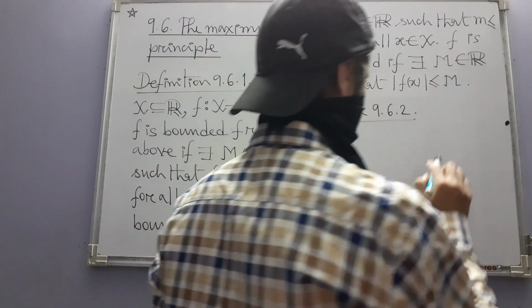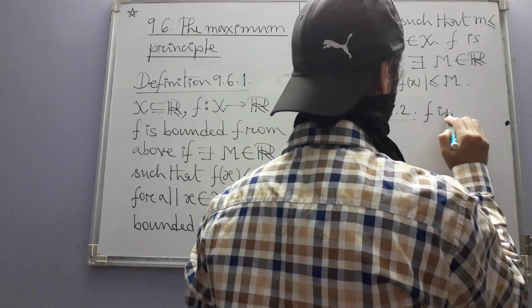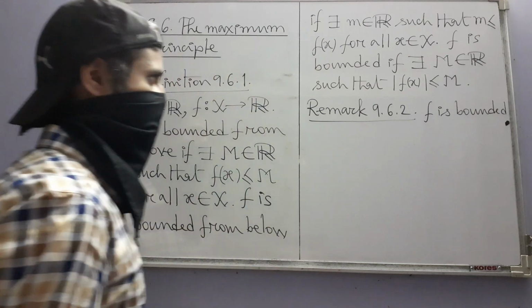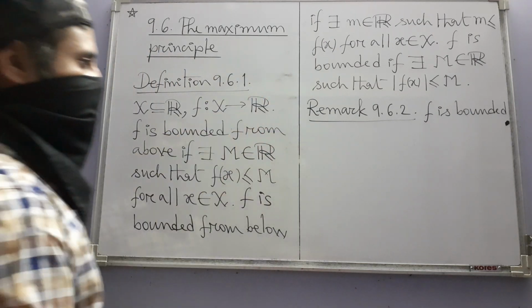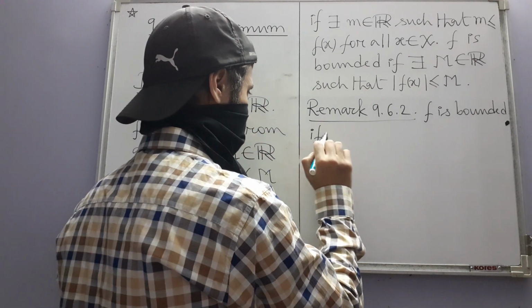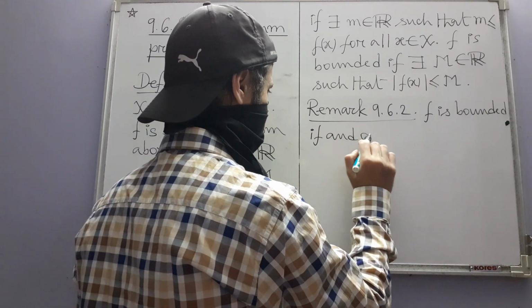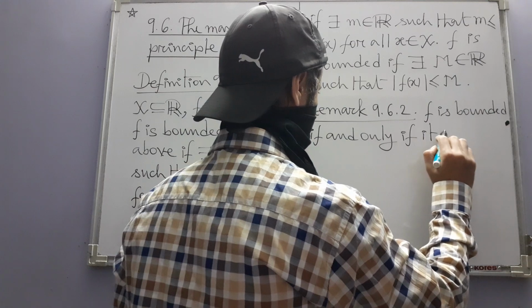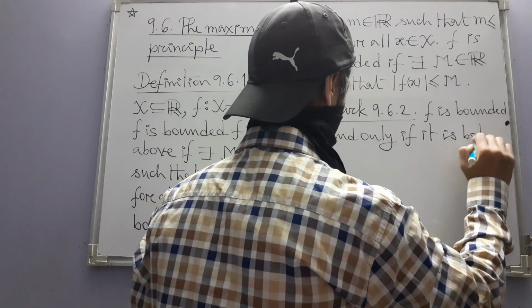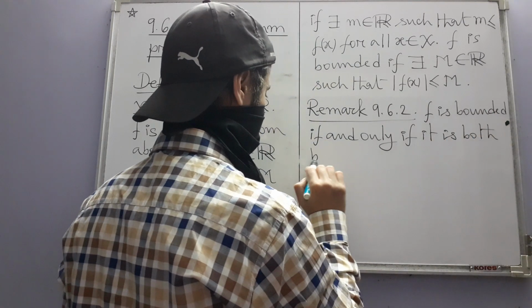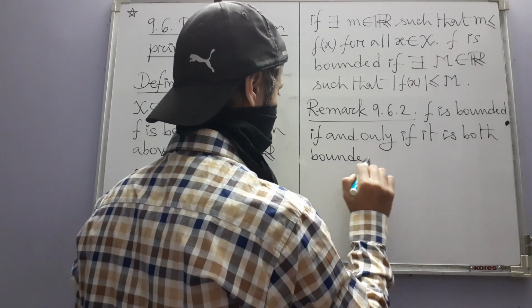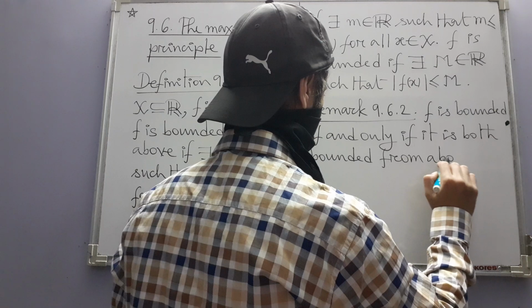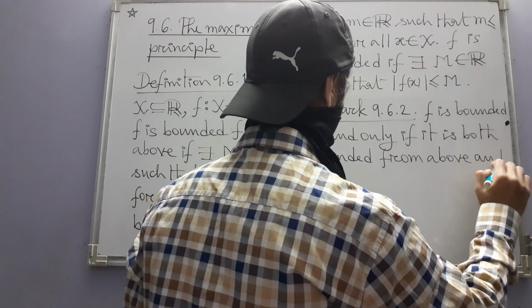It basically says that F is bounded in that sense if and only if it is both bounded from above and below.